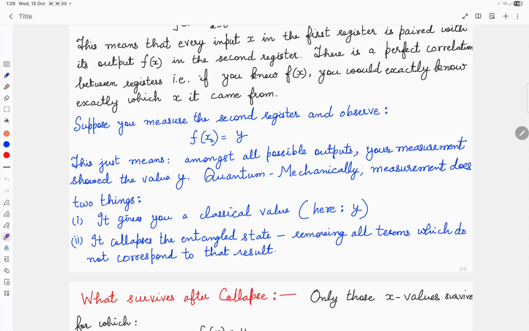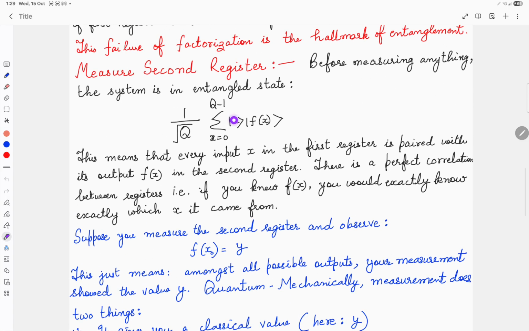So we say that the overall state is entangled. That means the state of register 1 is dependent on the state of register 2, and vice versa. They are entangled, they are paired. Therefore, if I find a value y in the second register during measurement, the state will collapse after the measurement.